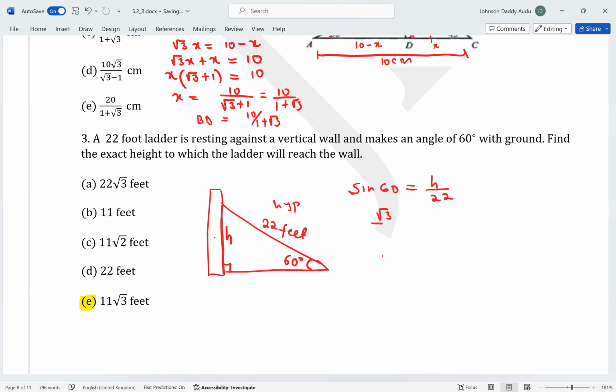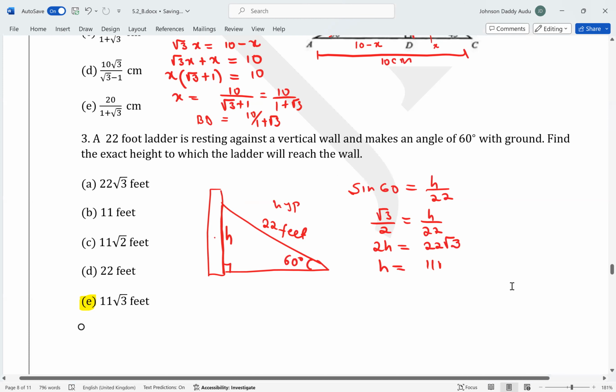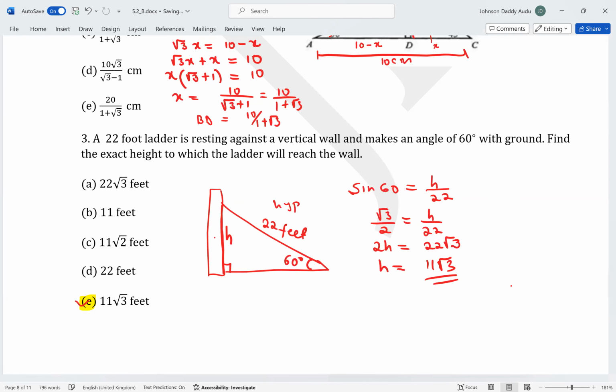And this is root 3 over 2 is equal to h over 22. So 2h is equal to 22 root 3. And h is going to be 11 root 3, because you divide both sides by 2, right? So we have 11 root 3. And that is h.